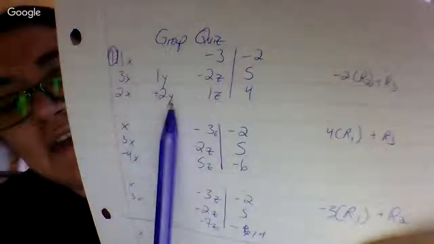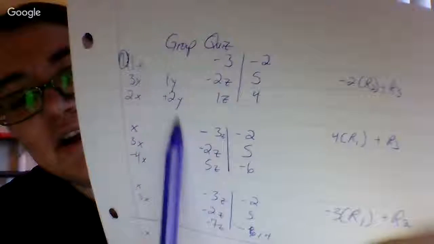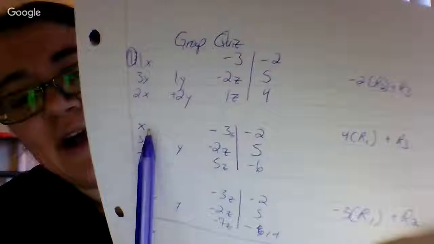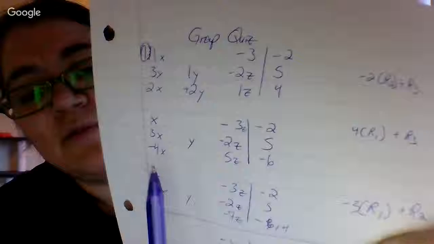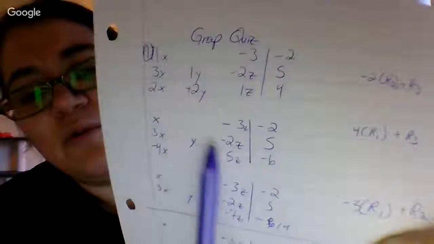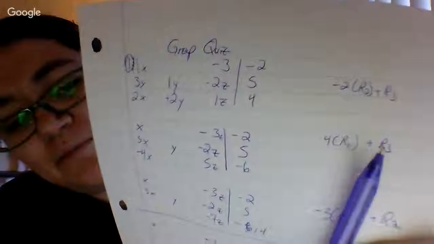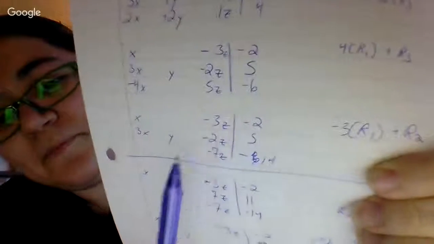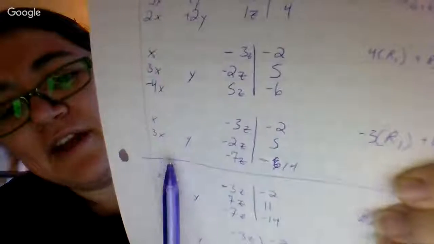If you'll see, it canceled out this y, because I'm trying to cancel out values. So I have the x and the z in this one, the x, y, z in this one, and then x and z. So you just keep going through. I multiply R1 by 4, add it to R3, and that canceled out this -4 here. That canceled out this -4.